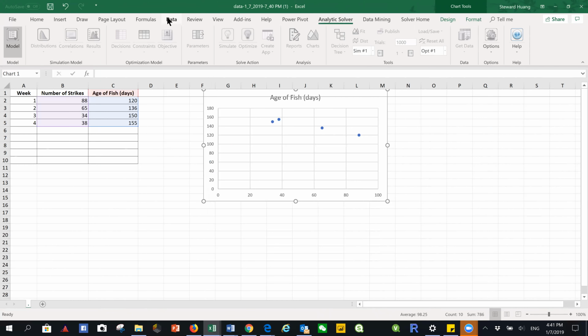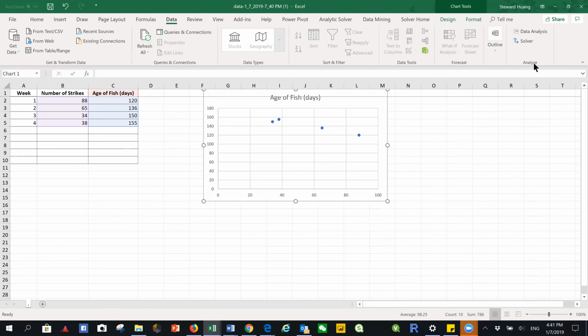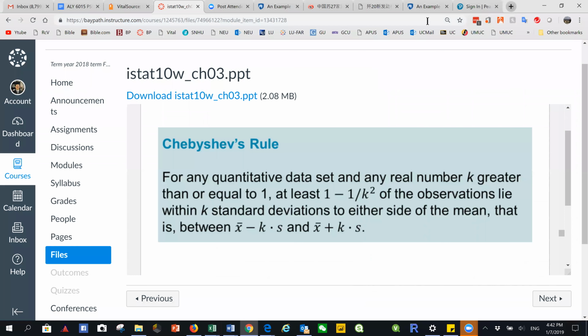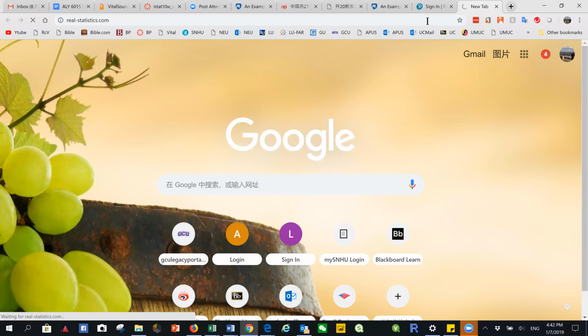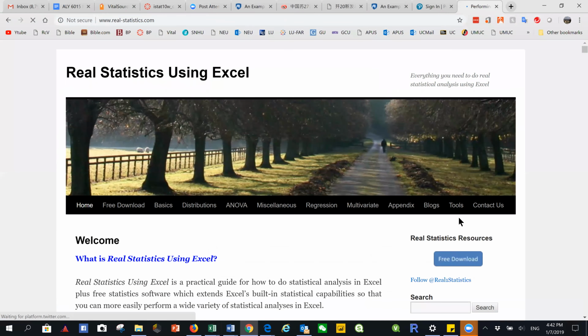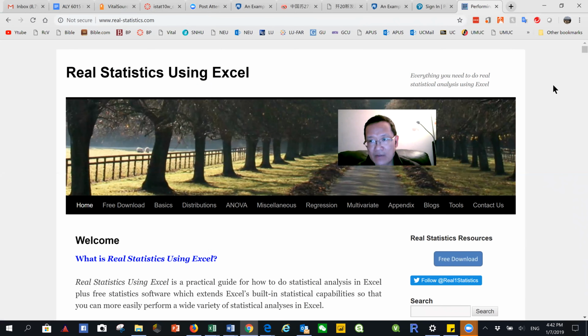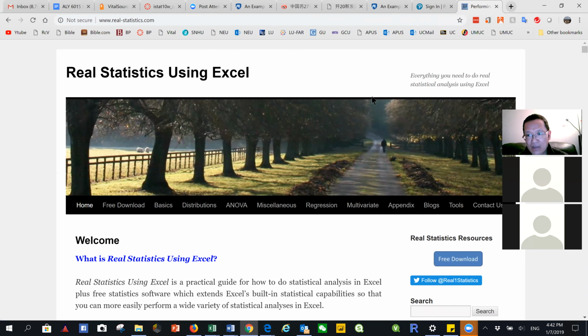That is the software's name, and that's very useful. Let me see if you can download it here. You go to realstatistic.com.